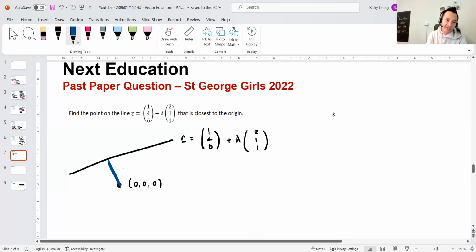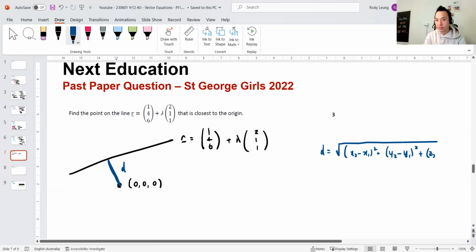What if I call this distance d, right? And I use the distance formula in space, just like the distance formula in coordinate geometry. So d equals the square root, in 3D, of x2 minus x1 squared, y2 minus y1 squared, z2 minus z1 squared.